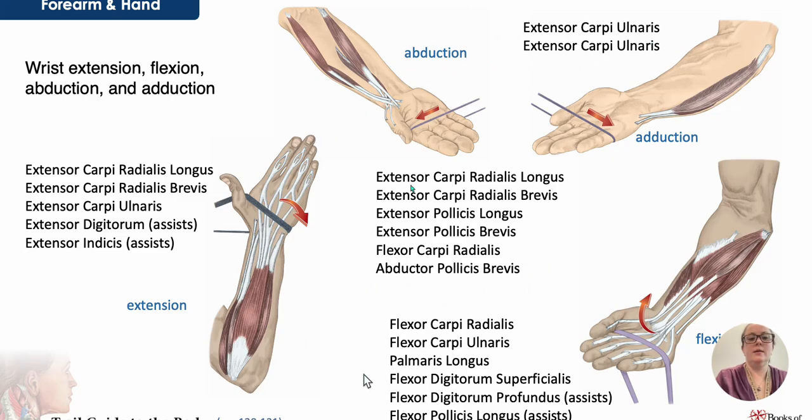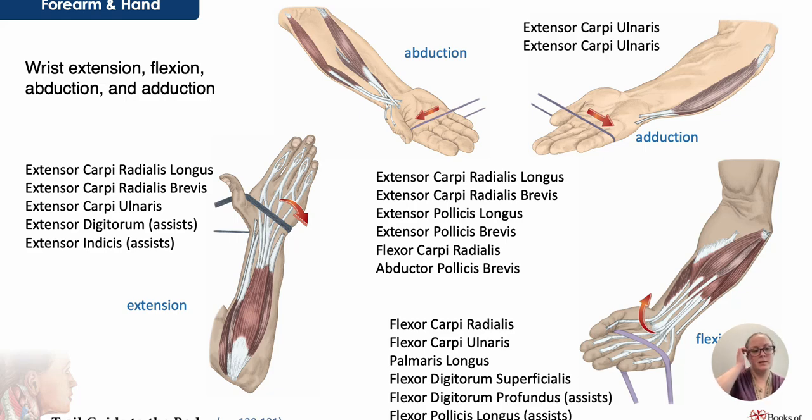Okay, so your abduction. So this is your abductors here, and these are your adductors. So your abductors, which is right below that, there's a lot. A lot of your extensors will do multiple things, but also the main one on the bottom, abductor pollicis brevis, is going to mean that it is abducting that wrist joint.